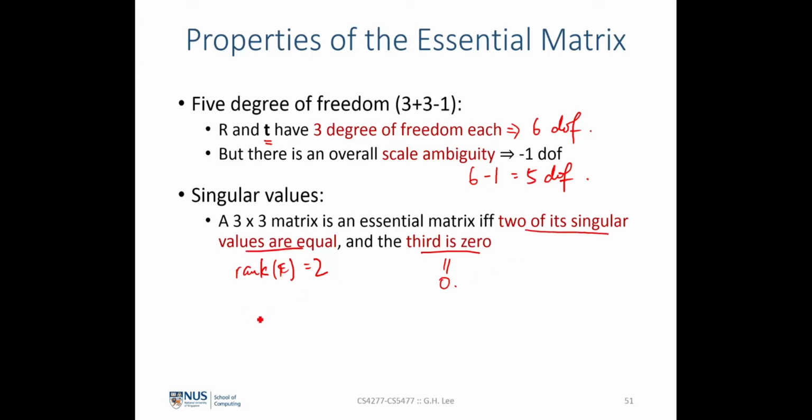This means that if I take the SVD of E, I will get U sigma V transpose, and I will see that sigma has the first singular value, the second singular value, which is equal to the first, and the third singular value equal to 0.